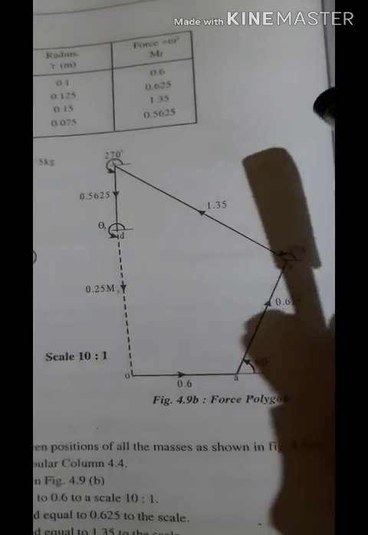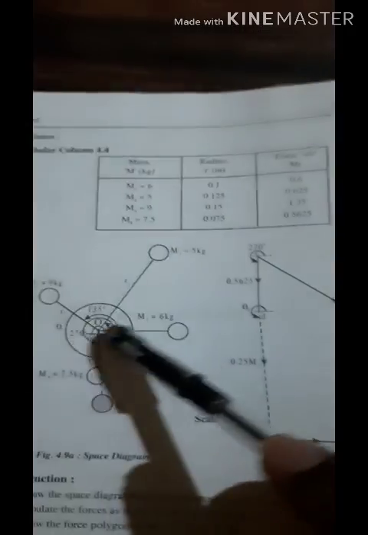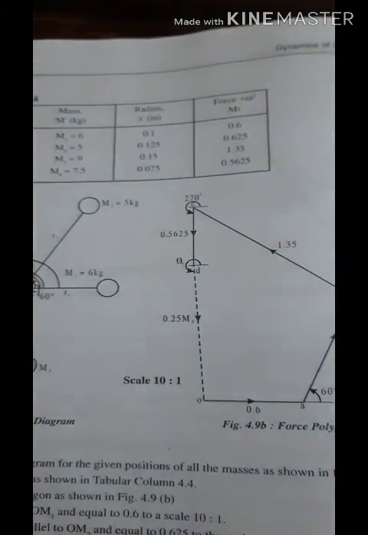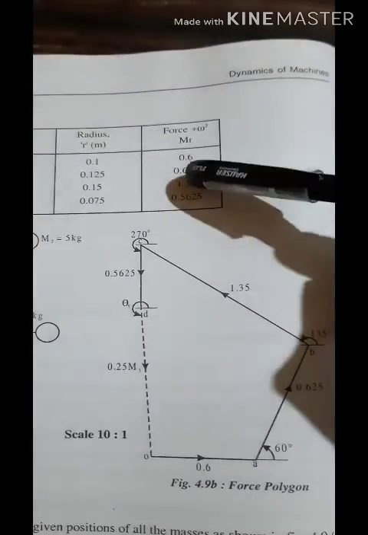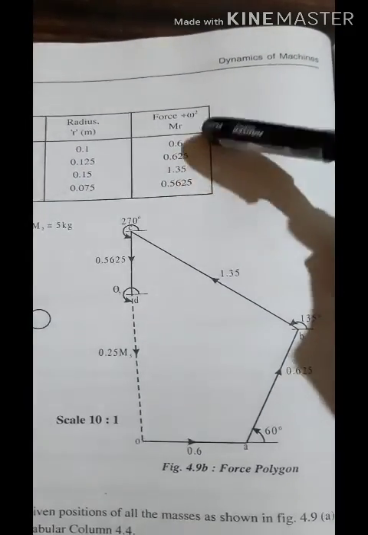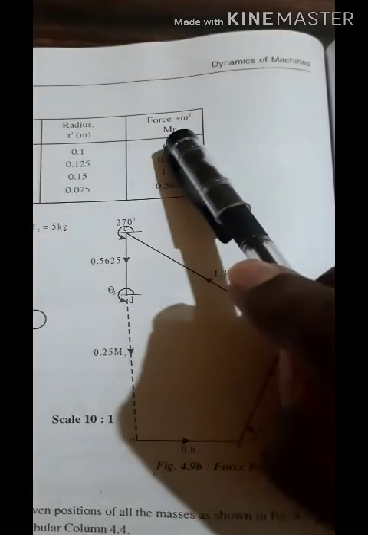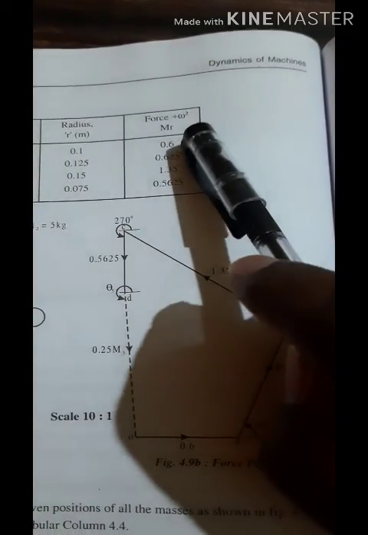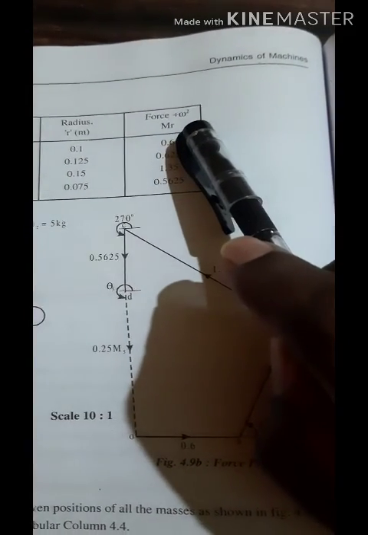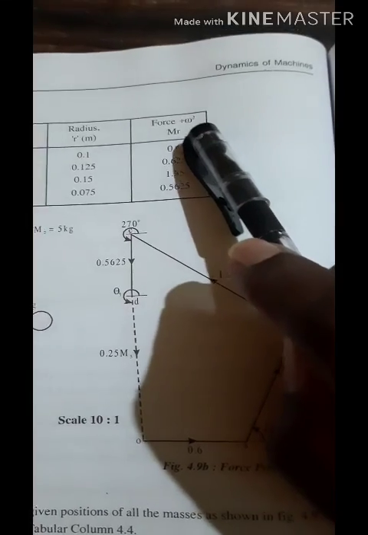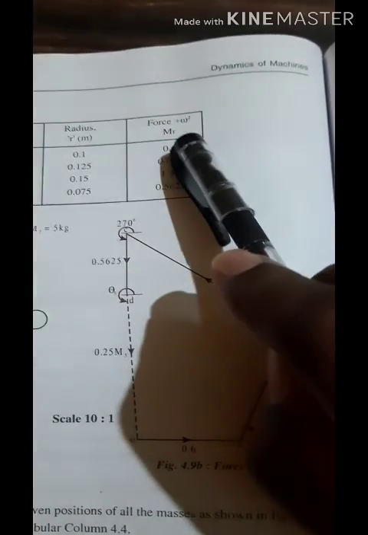So now we will draw graphically. Using this table and this space diagram, we have to draw the force polygon. How to draw this? First, based on these values, select a scale. For example, we cannot draw 0.6 centimeter, it's too small. So we'll multiply by 10, so it becomes a drawable 6 centimeter.